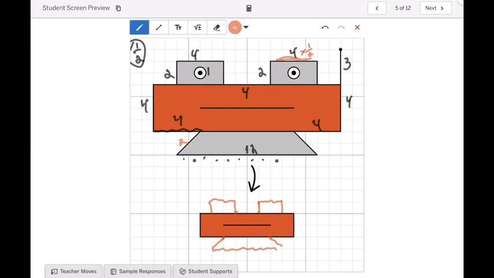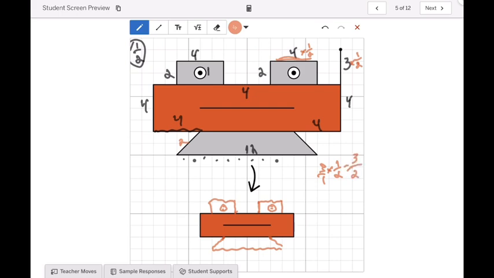Finish the line there. Make some pretty eyes. Now the antenna is kind of tough, so it's 3, and the scale factor is 1/2, so I have to multiply it by 1/2. And 3 times 1/2 is 3/1 times 1/2.